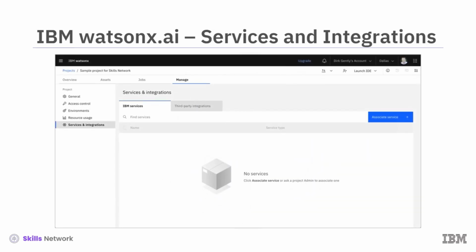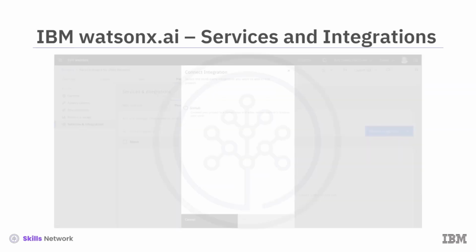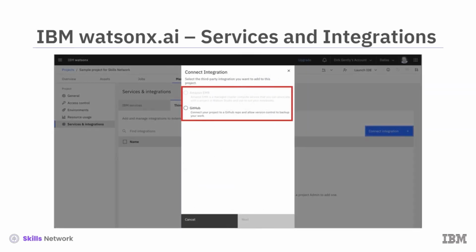In Services and Integrations, you can associate IBM Cloud Services with your project to add tools, environments, and capabilities. You can also use third-party integrations so your project can interact with external tools. For example, you can integrate with a Git repository to export the project, work with documents and notebooks in Jupyter Lab, or back up the project.